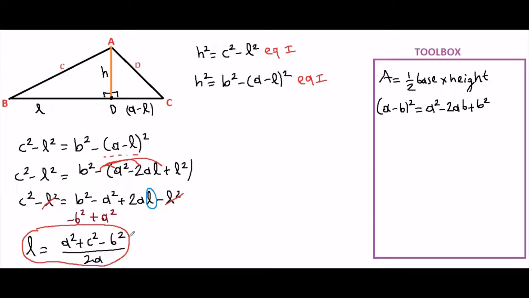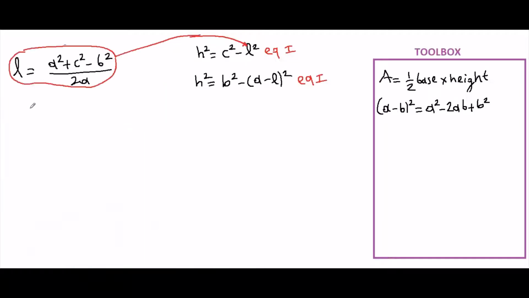Now we can plug our L expression into our first equation. So we have h squared is equal to c squared minus, instead of L, we're going to use this expression, (a squared plus c squared minus b squared) over 2a, and we have the square.